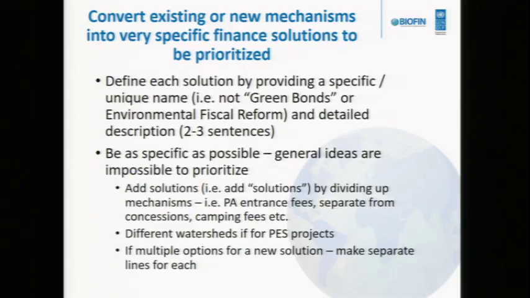And then this last step here is converting these existing or new mechanisms into very specific finance solutions to be prioritized. I think I covered a lot of this, to be very specific, but you basically want to end up with a name, a very specific name. Again, EIA is not a finance solution. What are you doing to the EIA? A green tax is not a finance solution. It's a concept.